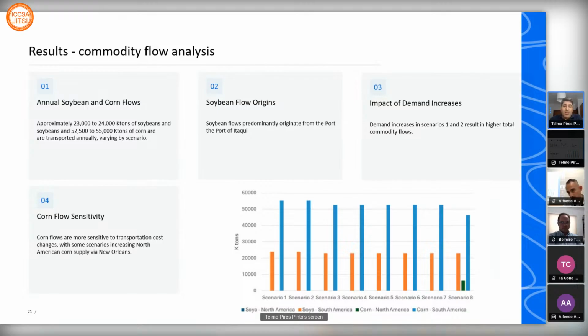In some scenarios, this sensitivity leads to an increase in North America corn supply routed through New Orleans. Finally, when demand increases as seen in scenarios 1 and 2, there is a corresponding rise in the total commodity flows for both soybeans and corn.